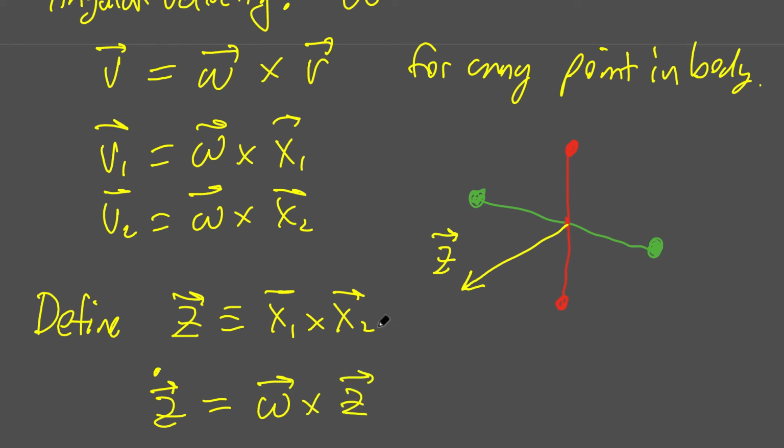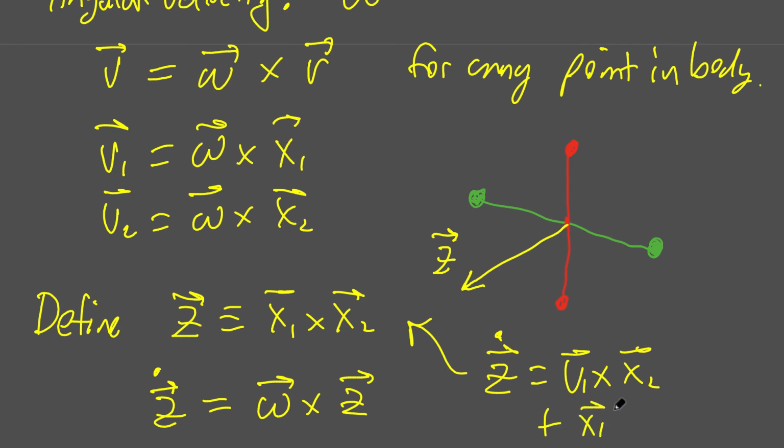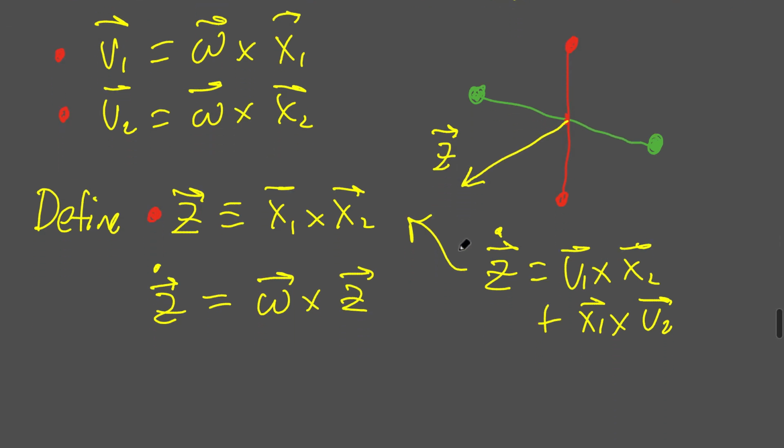And z vector dot can be computed from the time derivative: that's v1 cross x2 vector plus x1 cross v2. So now the plan is to use these three equations to solve for omega.